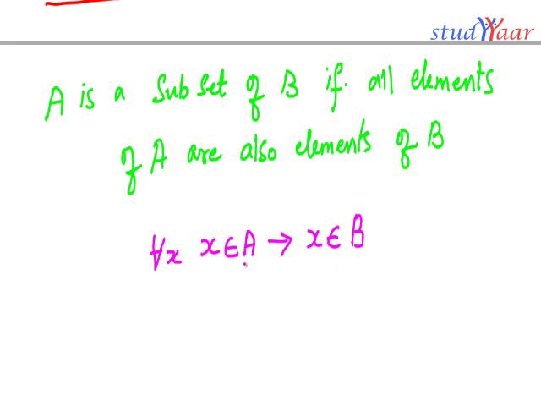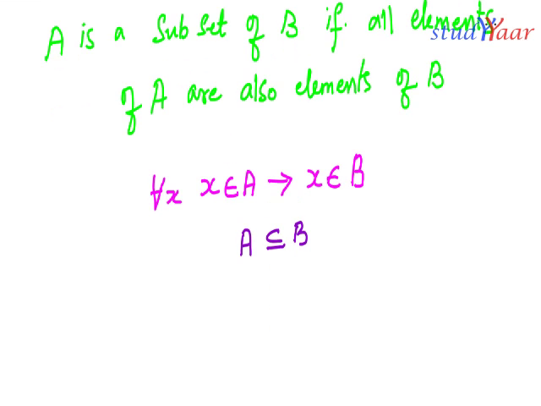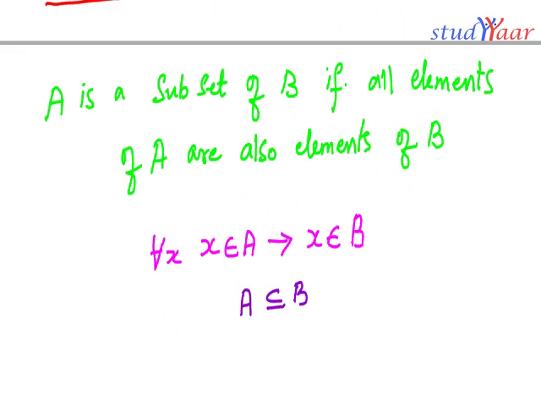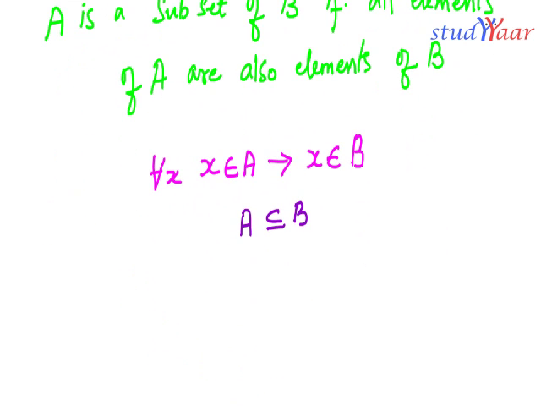Then I can say that A is a subset of B. If x is an element of A, then x is an element of B, then A is called a subset of B. This is read as A is a subset of B.